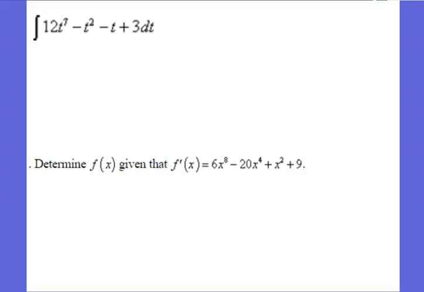So this one should have been pretty simple. What did you guys end up with? So it became 3 over 2. Everybody understand why it's 3 over 2? Right? Because it was, what, 12 over 8? Right? So, yeah, it's 12 over 8, but then, of course, I can simplify that to 3 halves. This is what this came from.